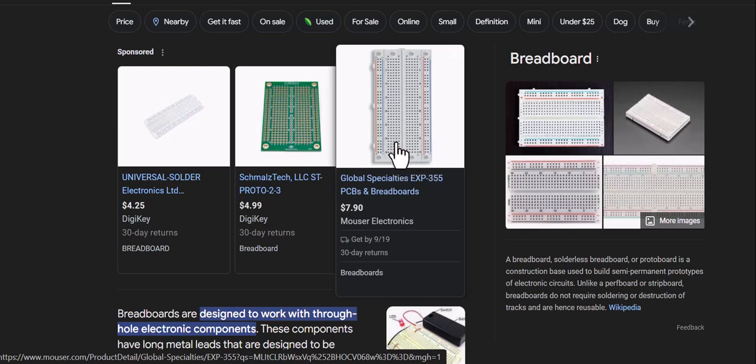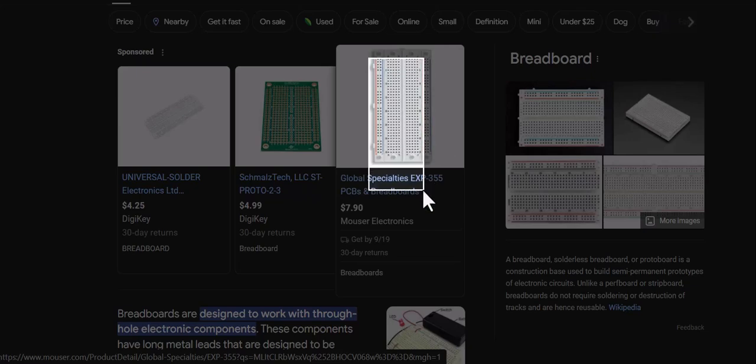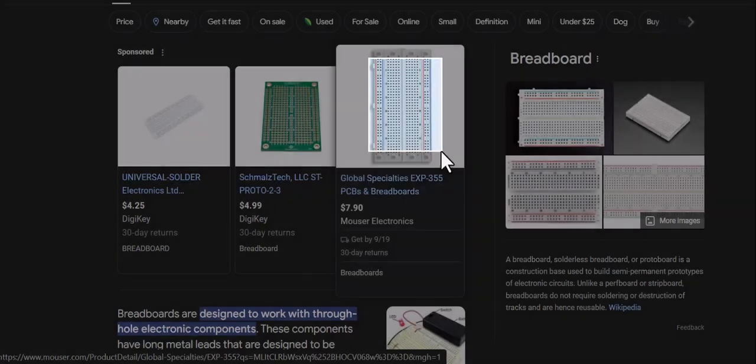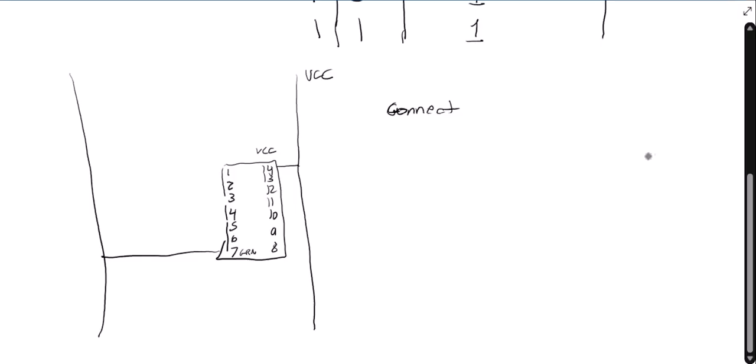And then pin 7, let me just grab a picture of this. And you're going to learn all this in lab tomorrow, so you don't have to worry about understanding it too much.